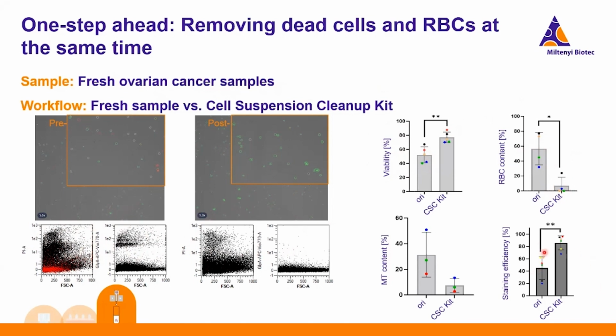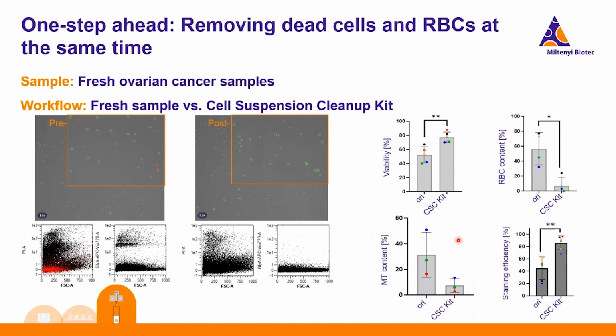At the same time, we increase the staining efficiency, which is just the number of nucleated cells you are measuring. And also nicely, while performing the cleanup, you are removing free mitochondria, which are in your solution after you have dissociated the tissue.